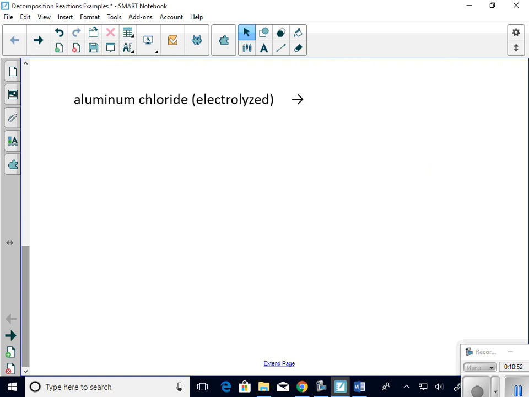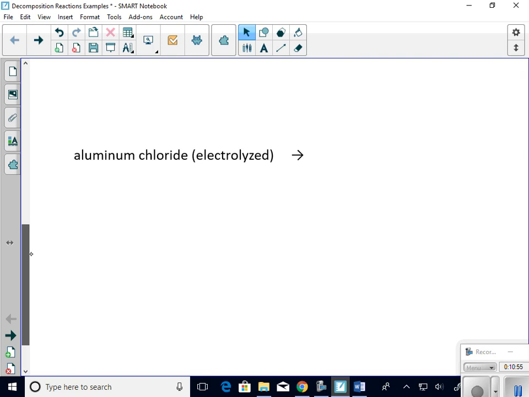The final one that I'm going to do is aluminum chloride electrolyzed. This is decomposition rule number 6. Does everybody agree that's it, number 6?